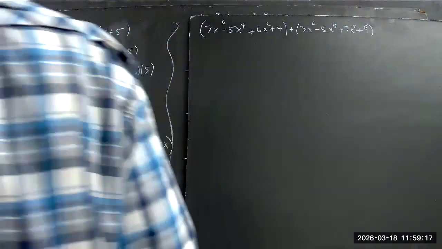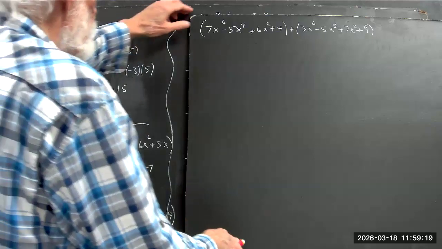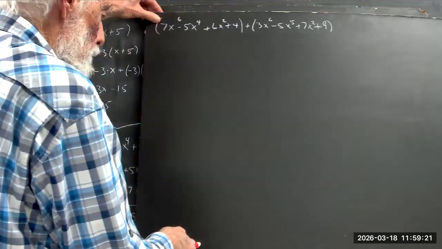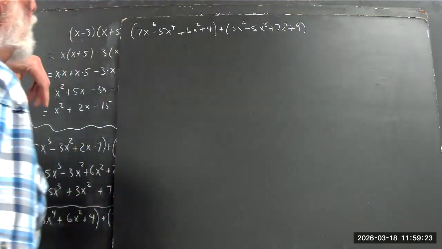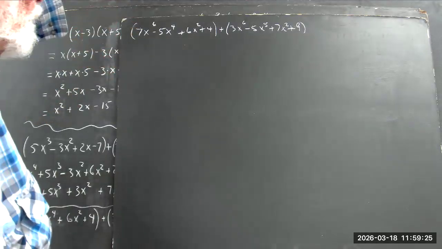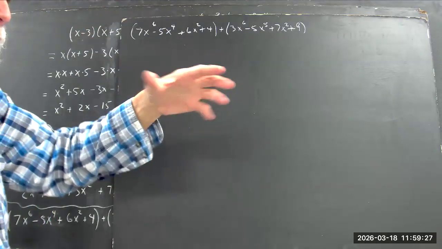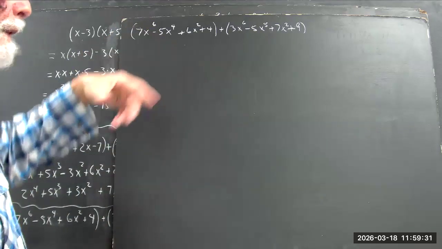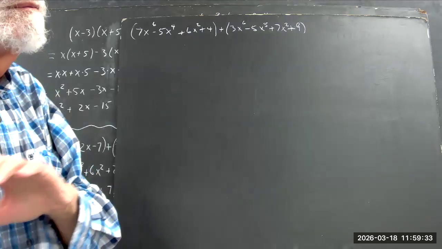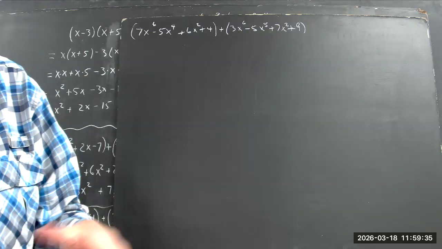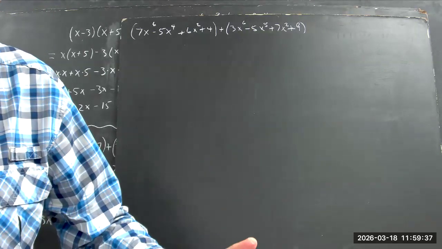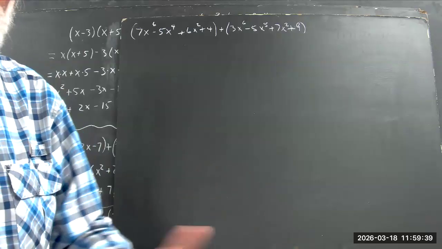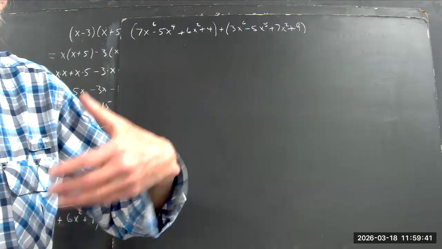Okay, now everybody did pretty well with this. We begin by looking for the highest power term, which is the sixth power. Sometimes open math, or maybe even me on a test, will throw one at you where the highest power isn't the first term.